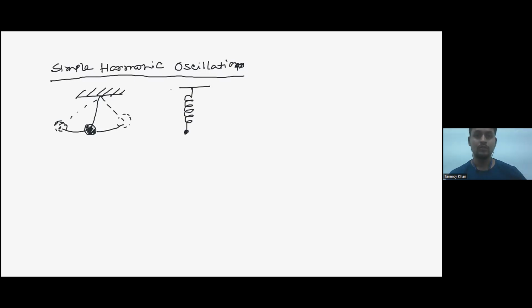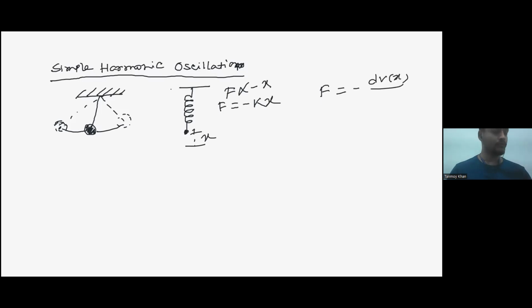If you pull it, what will be the restoring force? By Hooke's law, it will be minus kx, right? x is the displacement. So F is equal to minus kx, because F will be proportional to the displacement, right? From Newton's law, you can write F is equal to minus dV(x) by dx, right?